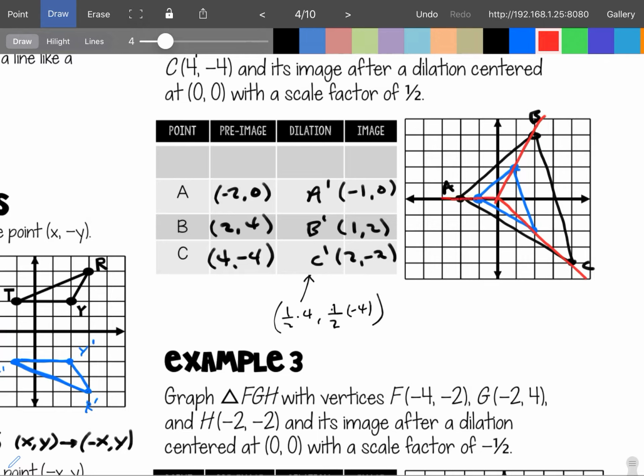And then what you would see is, if this distance in red right here, the distance from the center 0, 0 to the point B, if you look at that distance, then the distance from 0, 0 to point B prime is going to be half of that.